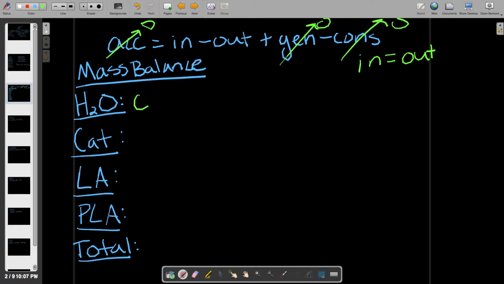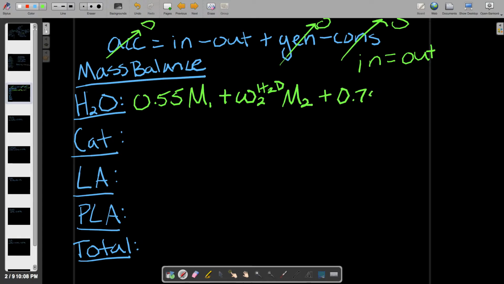Starting with water, you can take the mass fraction of water in stream 1 times the flow rate of water in stream 1, and add that to the mass fraction of water in stream 2 times the flow rate in stream 2, plus the mass fraction of water times the flow rate in stream 3, and that's going to equal the mass fraction of water in stream 4 times the flow rate in stream 4.